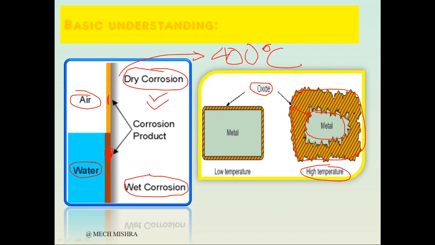Now we will go into further detail and try to understand what dry corrosion is, how it happens, and what its basic forms are which we see in general day-to-day practice, and then wet corrosion.